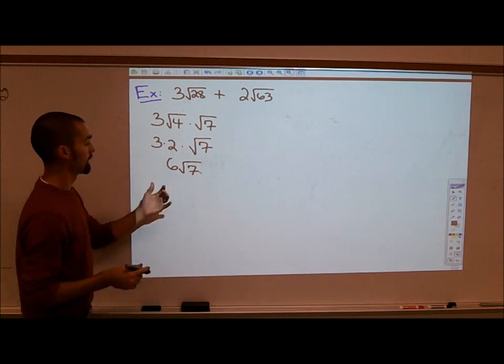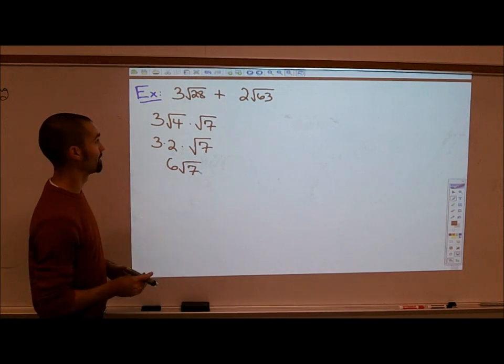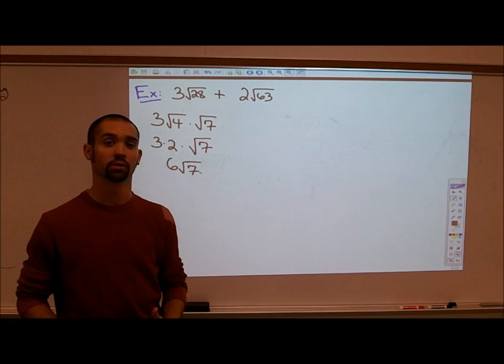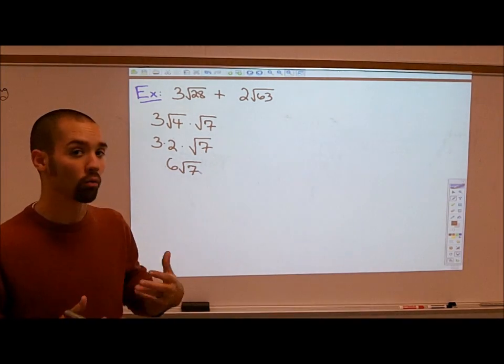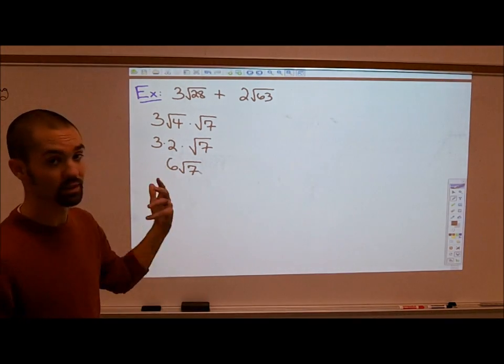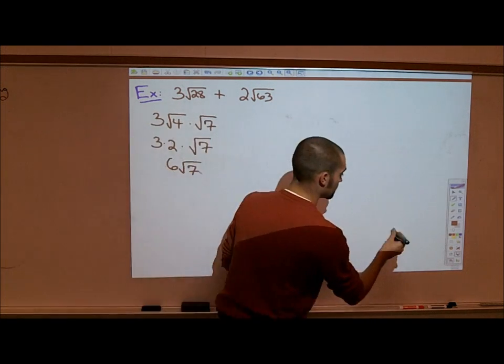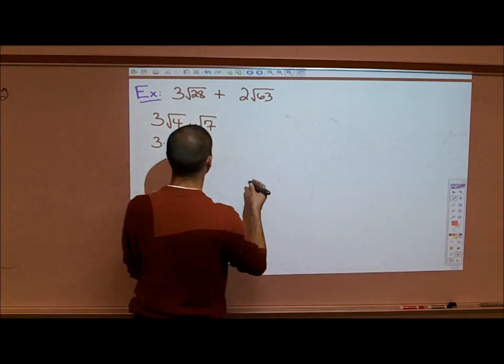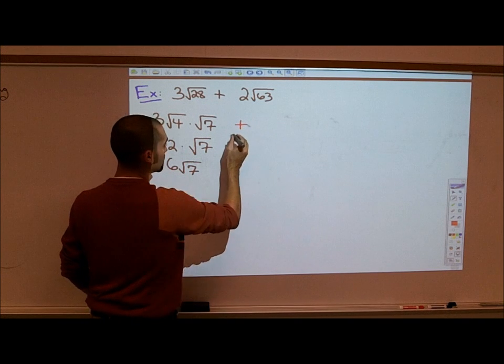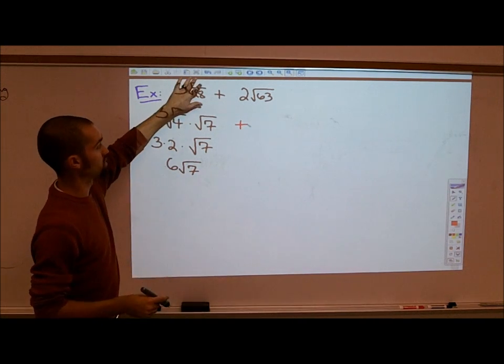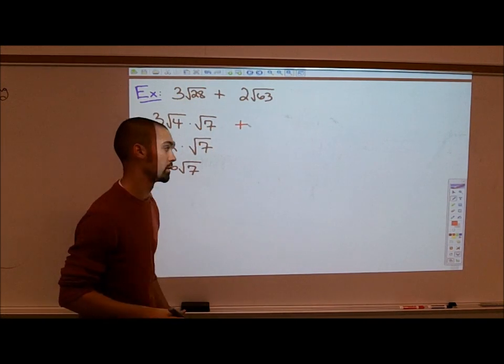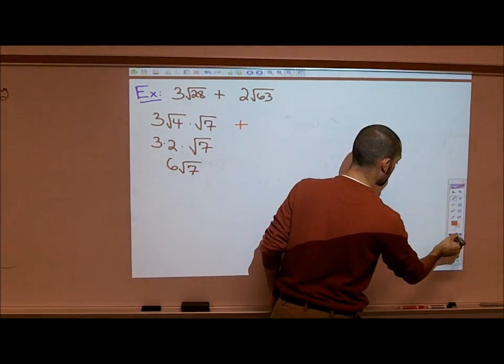Alright. Can I simplify this anymore? I can't. Okay, so the first step you're looking to do is to simplify all radicals. So we've done one, we still need to do another. So I'm going to make this plus sign red to kind of show, okay, this is where we started, this was our second part, just to separate those two.